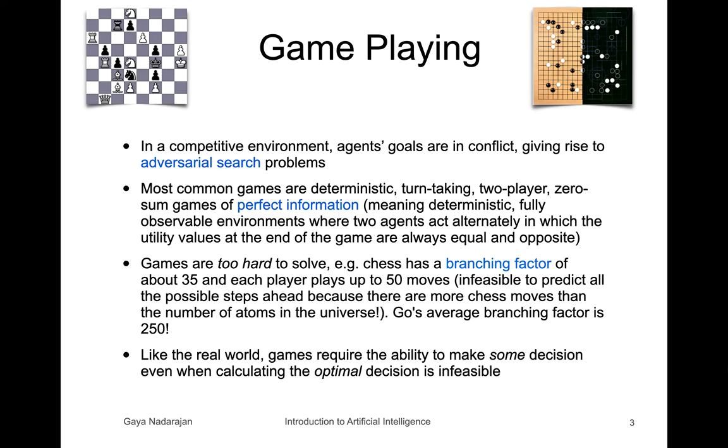Because if you're going to apply A star on playing chess, but imagine the depth is about 100, and that the branching factor is about 35, and by the time you're trying to calculate the heuristic value and the path cost, this is just way too impractical. So you have to make decisions when you cannot do this kind of optimal decision calculation like in pathfinding. Yeah, I mean, it is pathfinding, but it's just rather intractable at this stage.